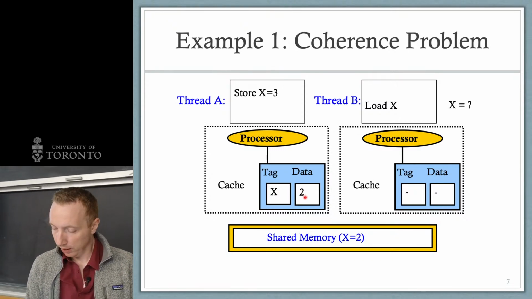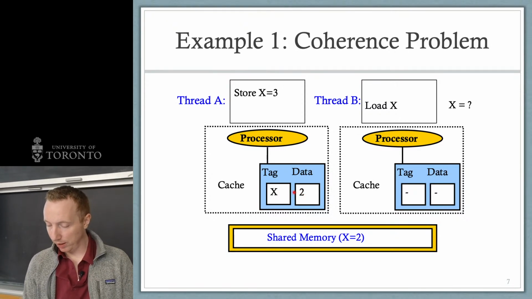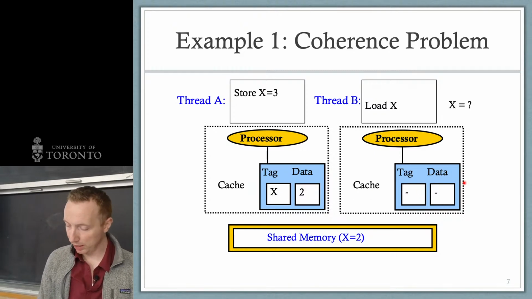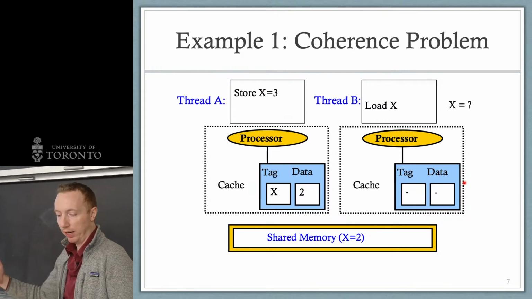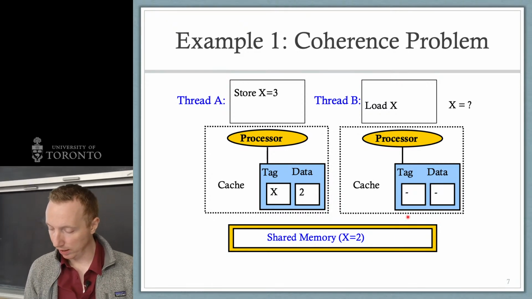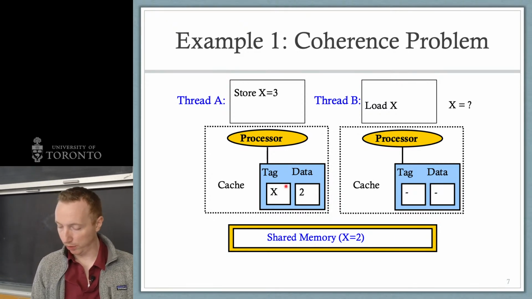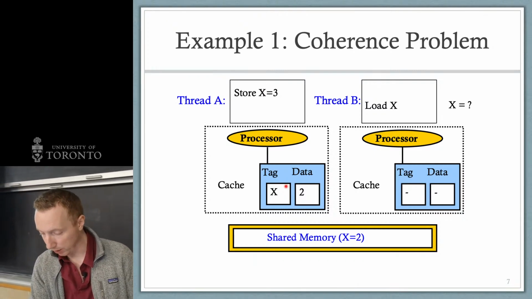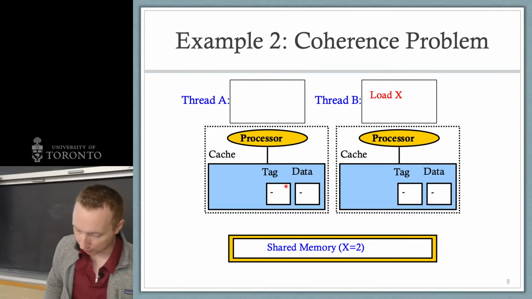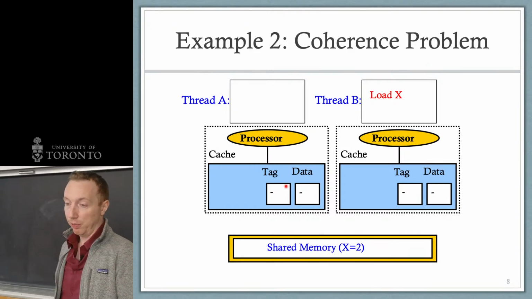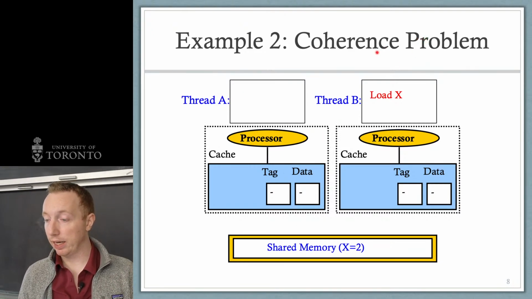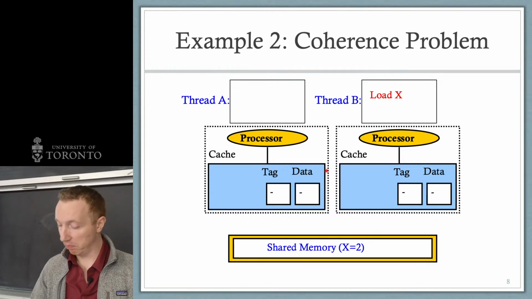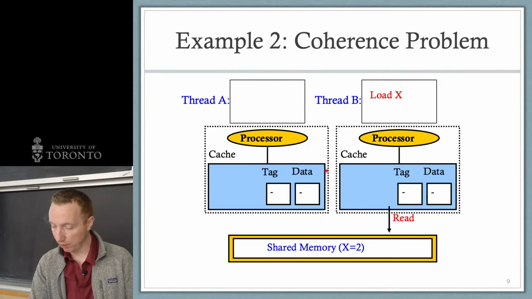So let's say it's 2, and let's say it's in thread A's cache, while in thread B, it's not in its cache at all, and in memory, it currently has the value of 2. So thread A is the one with its actual value in the cache. So what might happen is, well, if thread A or B loads first, say thread B loads first.